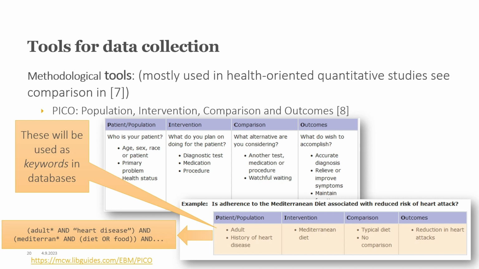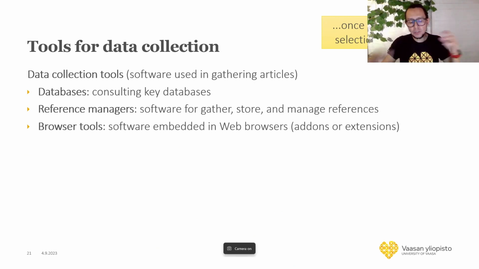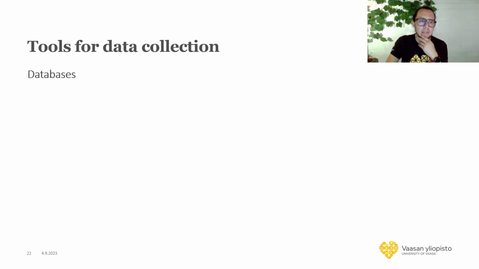Once you create those keywords based on every research question, using those mechanisms of PICO, the tools for search analysis, you need to go to the database to consult those keywords. So there are different types of databases.